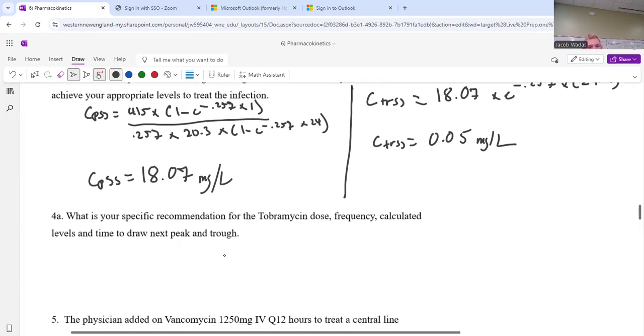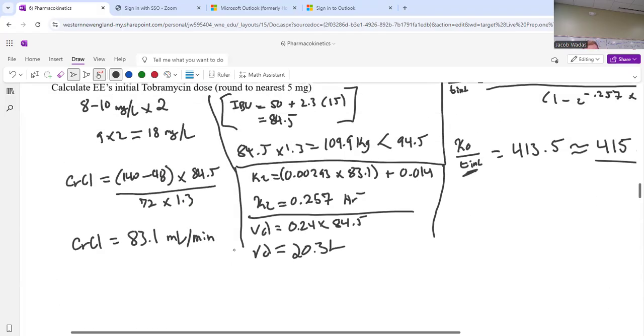Alright, so what's your specific recommendation for tobramycin dose, frequency, calculated levels and time to draw peak? In order to do this, we have to go back here and calculate the half-life and time to steady state.